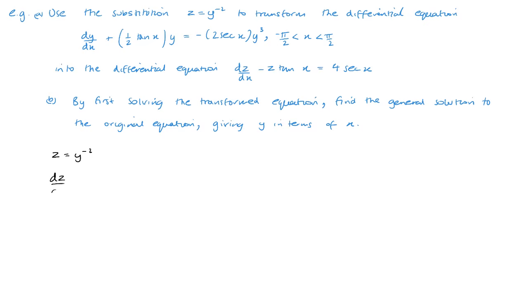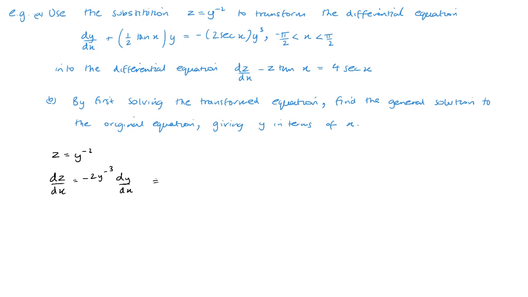So this will be dz by dx, which is minus 2y to the minus 3 multiplied by dy by dx.